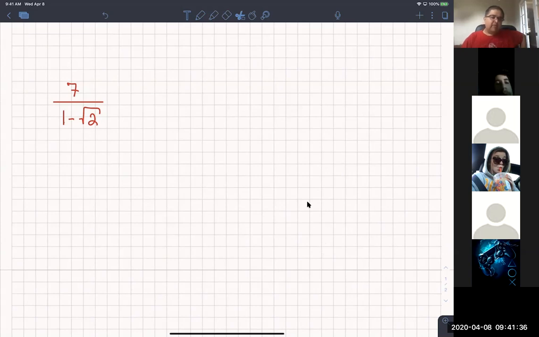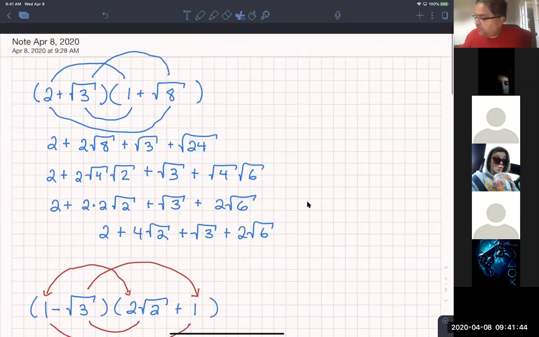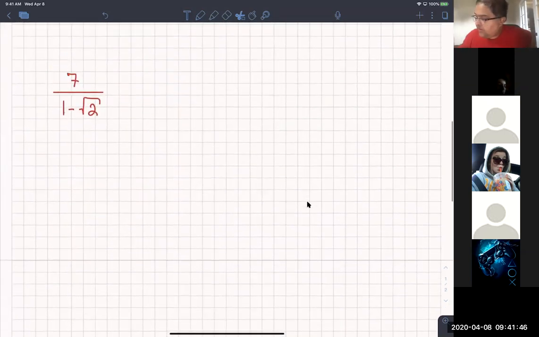So remember, when we multiplied the conjugates, what happened to the radicals? They went away, right? Yeah. So guess what we have to multiply here? Instead of just multiplying by root 2, when we have an expression like this, we have to multiply by its conjugate.